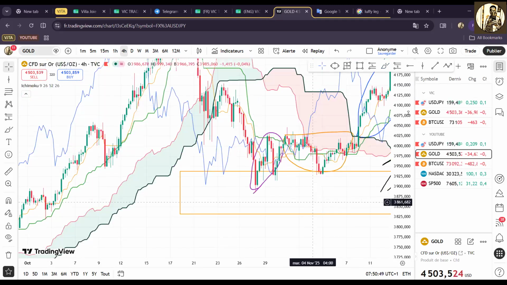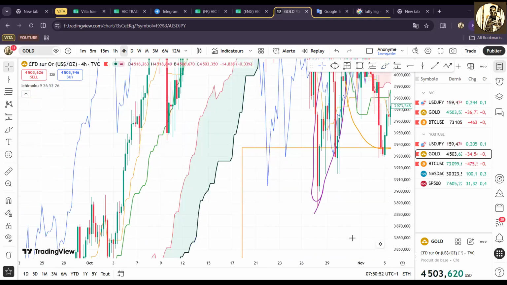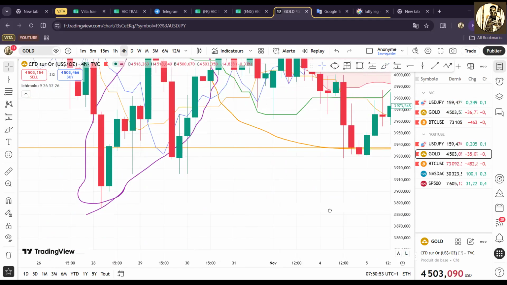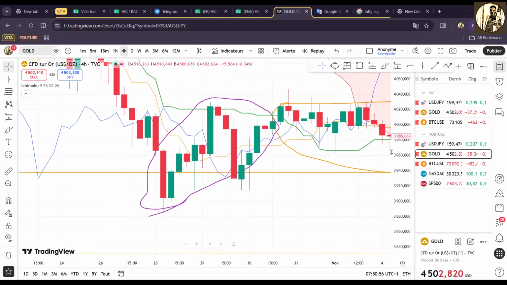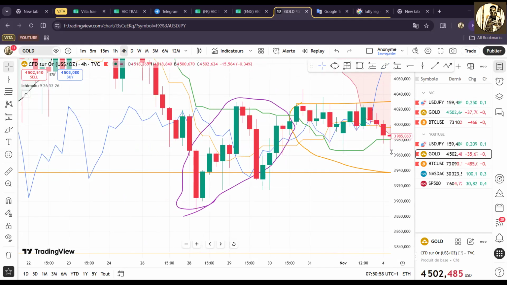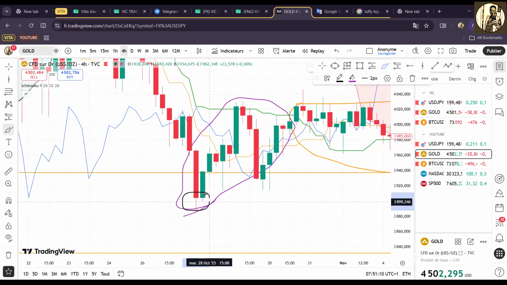So when you are on the reversal here, when you are on the reversal on the origin zones, this space here, right?